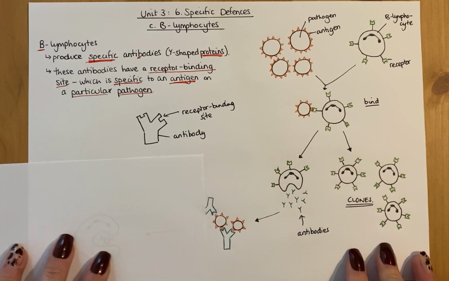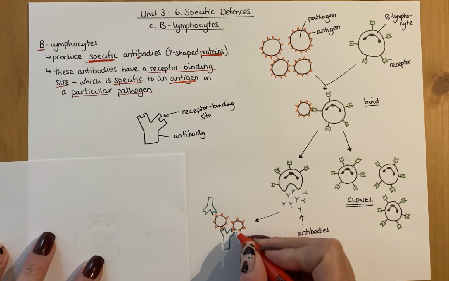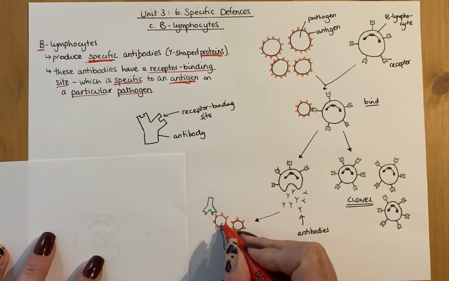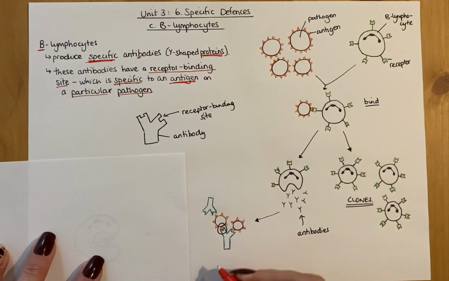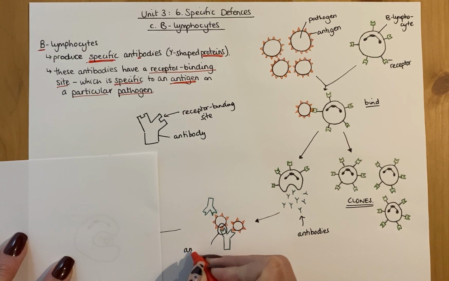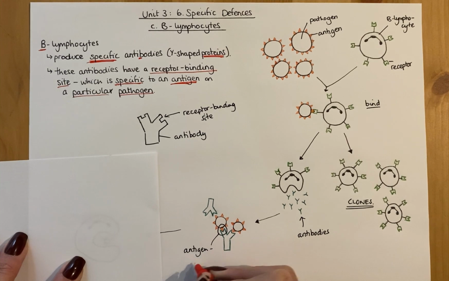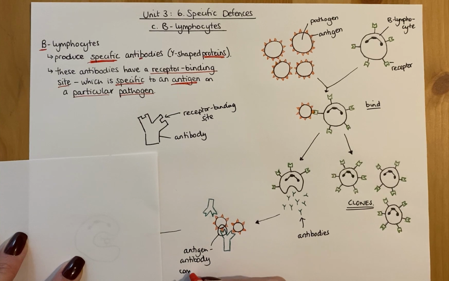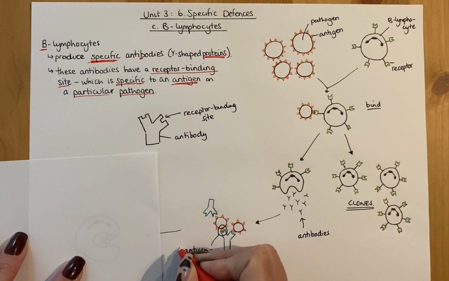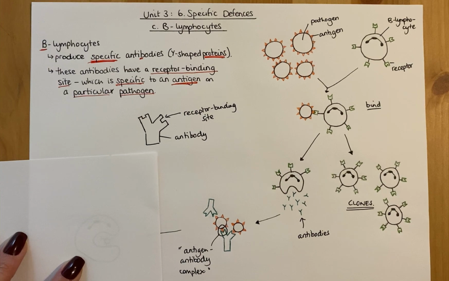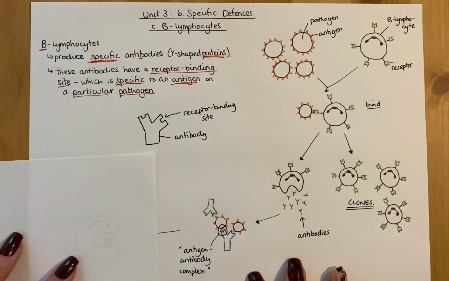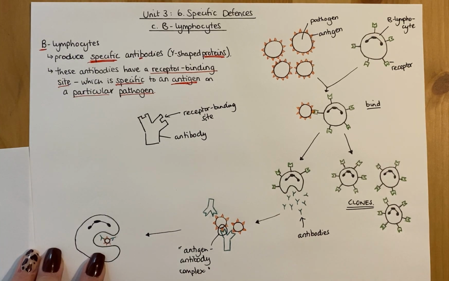Those antibodies then bind to those antigens on that foreign pathogen. Where the antigen and the antibody bind is called the antigen-antibody complex. All that means is basically where the antigen and the antibody bind together. That binding of the antibody to that foreign antigen renders it really susceptible to getting destroyed by other white blood cells, and in we come with our cleanup crew again.